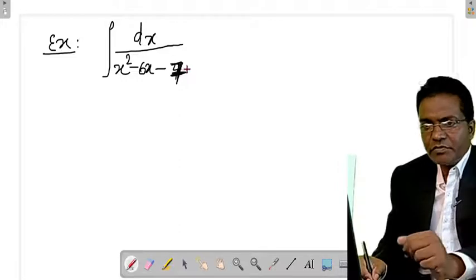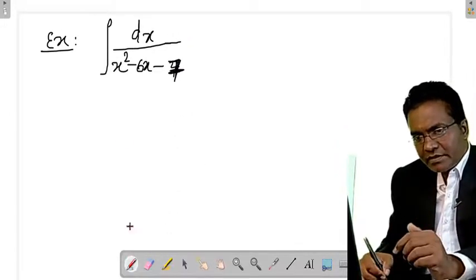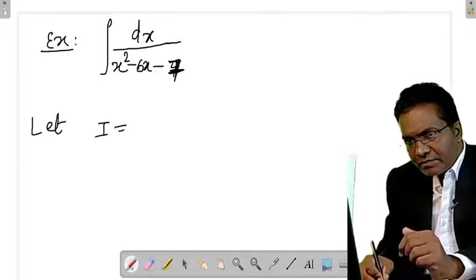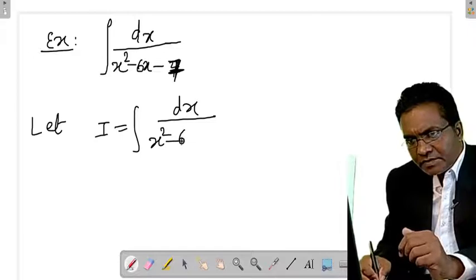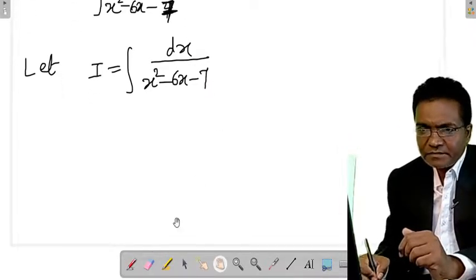Okay, suppose you are asked to evaluate this, let us call it I is equals to dx divided by x square minus 6x minus 7.